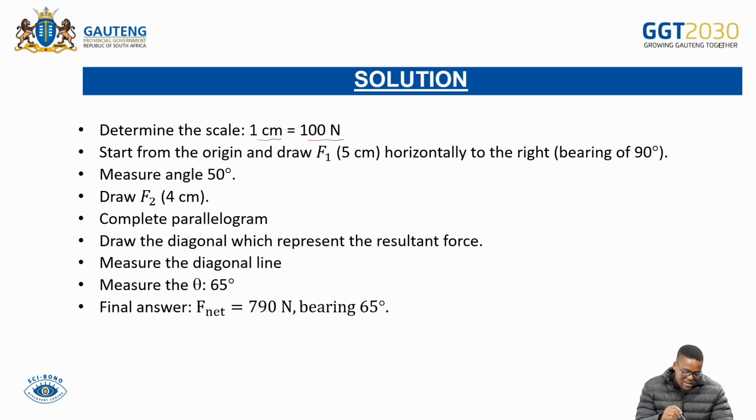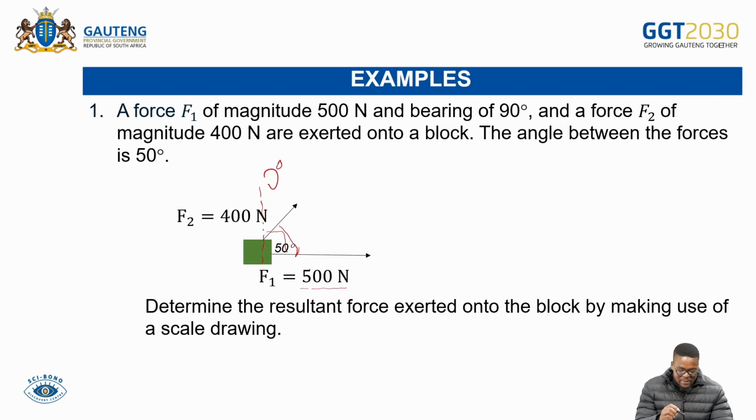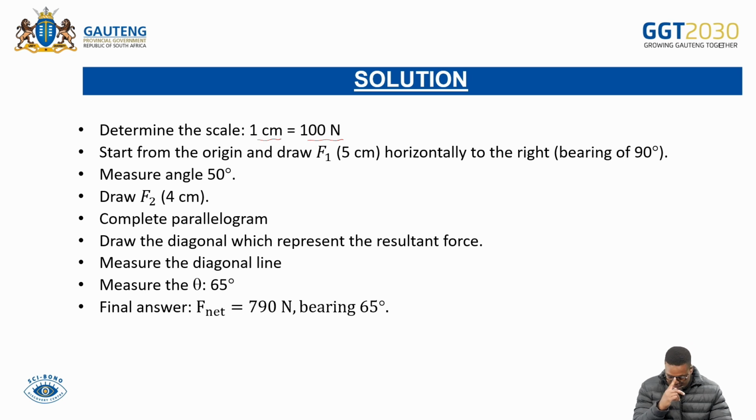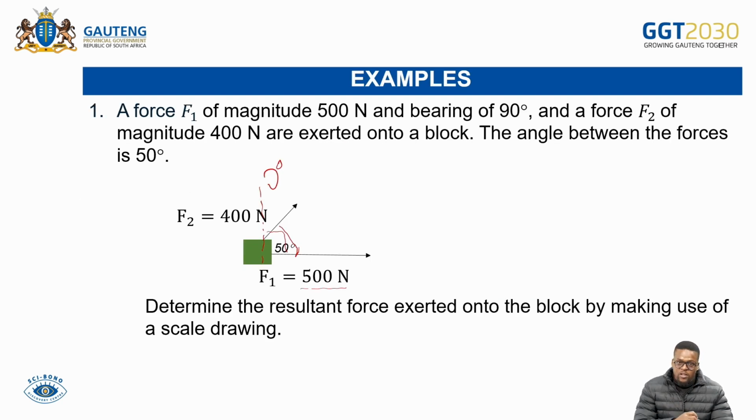After measuring, you measure the angle again. In this case, our angle is 65 degrees, and then you write your final answer. Where is this 65 degrees coming from? Remember, you have to draw a diagonal line.